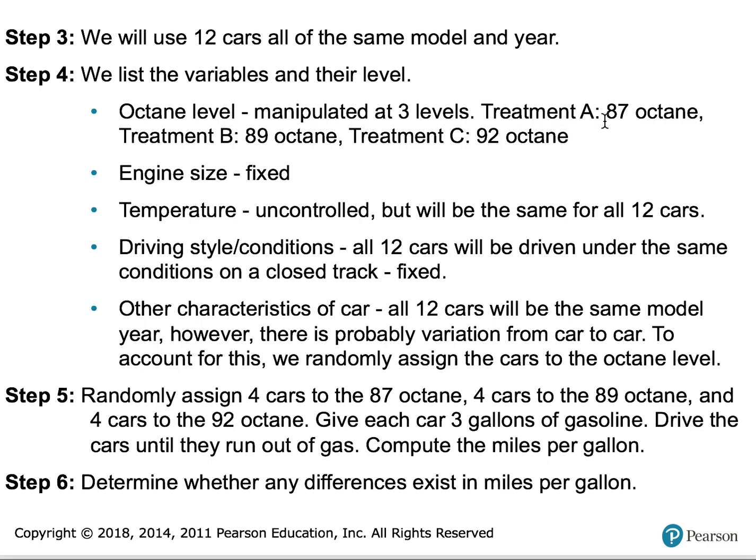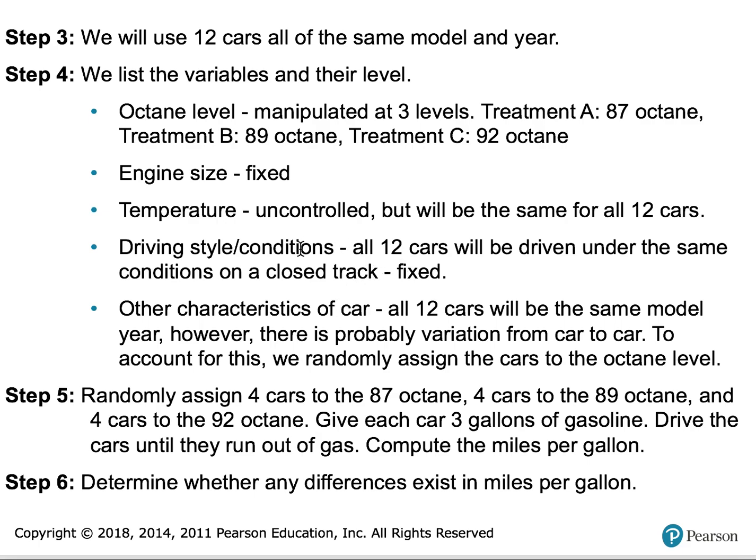So they're going to have 87 octane, 89 octane, 92 octane. They're going to keep the engine sizes all the same. The temperature, they can't control, but they're going to keep it the same for all 12 cars. The driving style and conditions is going to be as fixed as possible. In other words, all 12 cars are going to be driven under the same conditions on a closed track.